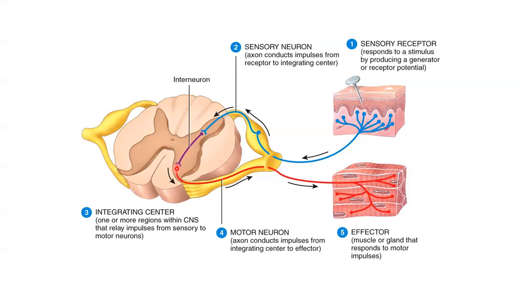But importantly, this integrating center is here in the spinal cord and not up in the brain, which is what occurs with all of our other neural pathways. Fourth, we have our motor neuron. So a motor neuron propagates an action potential from the integrating center along towards the effector. And lastly, we have our effector, which is just the part of the body that responds to that nerve impulse. So in many cases, that's a muscle or that's a gland.